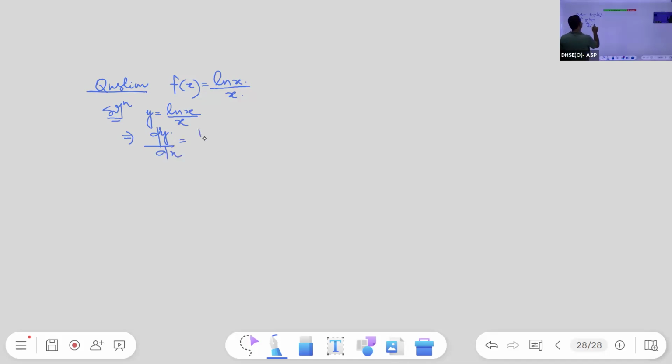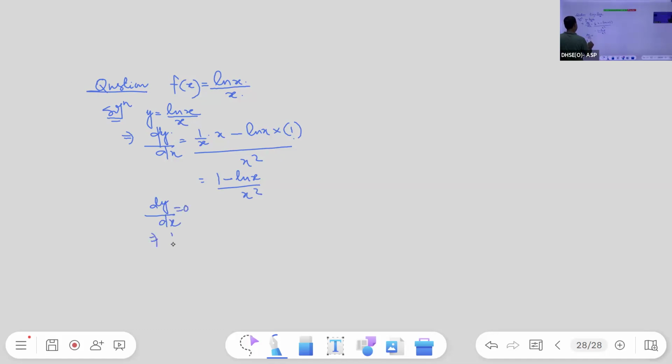Derivative of ln x is 1 by x into x minus ln x into derivative of x, which is 1, divided by x square: 1 minus ln x upon x square. For an extremum, dy upon dx is equal to 0.